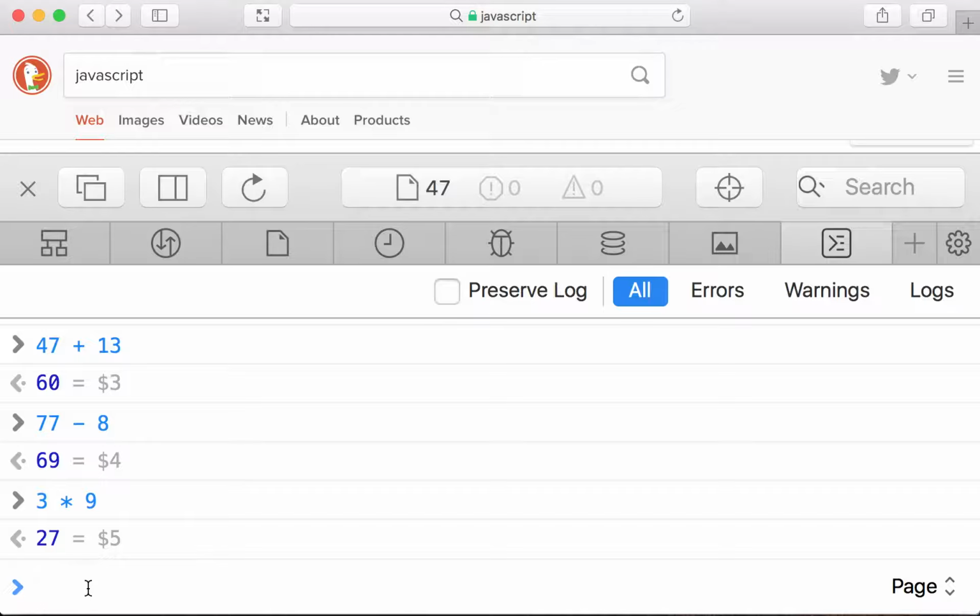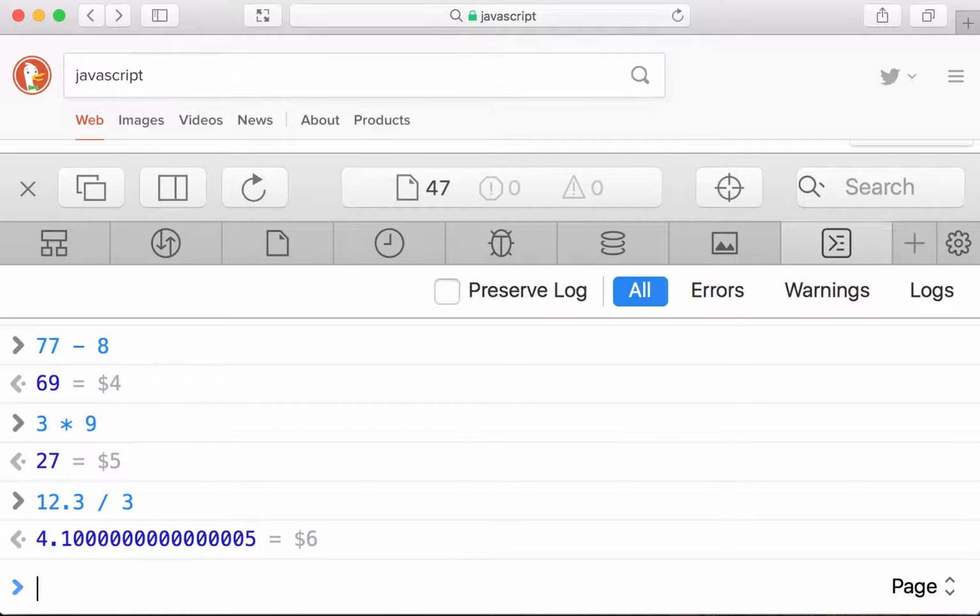Then let's try 12.3 divided by 3. Okay, wow, there's a big number. If you think about this in terms of real life math, 12.3 divided by 3 should be 4.1.